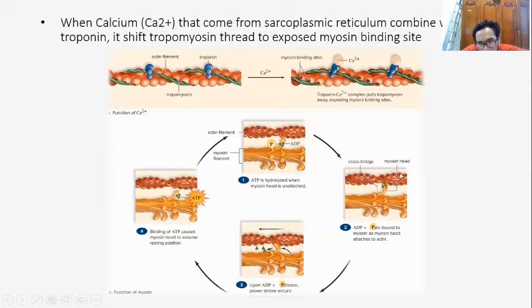In the next step, upon ADP and P release, the power stroke occurs. When they are released, they push in the direction of the arrow, and then when another ATP attaches to the myosin head, it reverts back to its original position. And then the cycle continues.